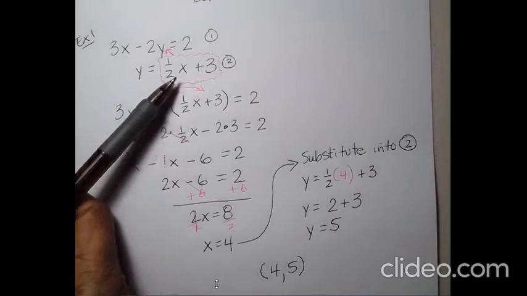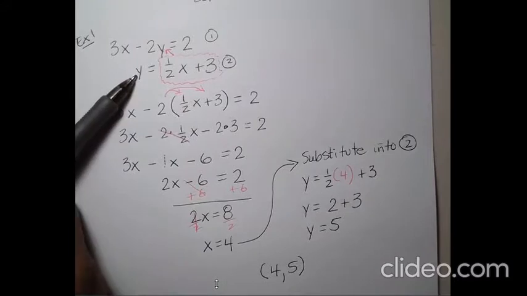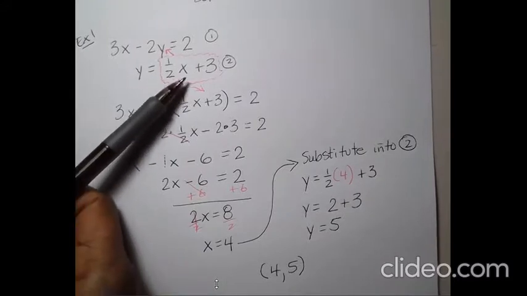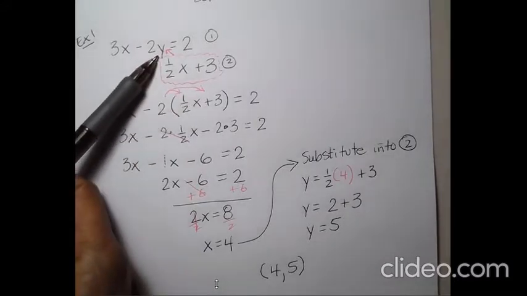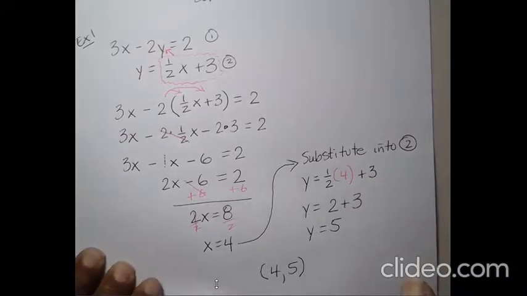This solution is true. We took one variable, the y equals, and substituted into the other equation for that same variable and solved it. Okay? Let's go to another example.